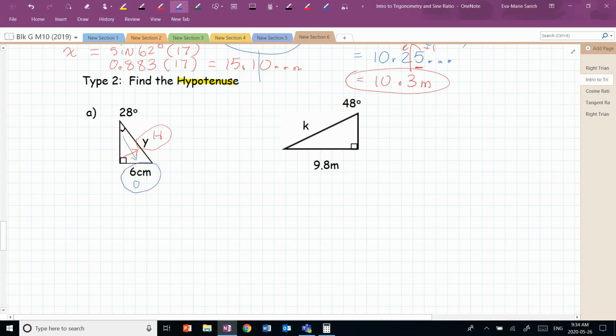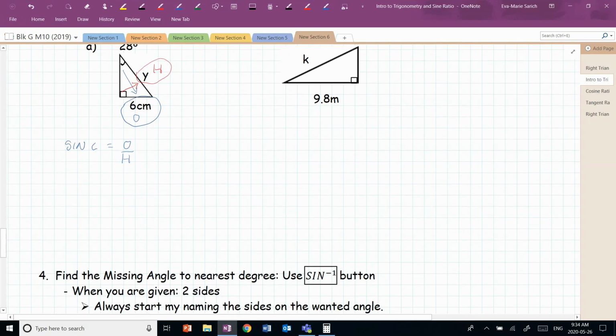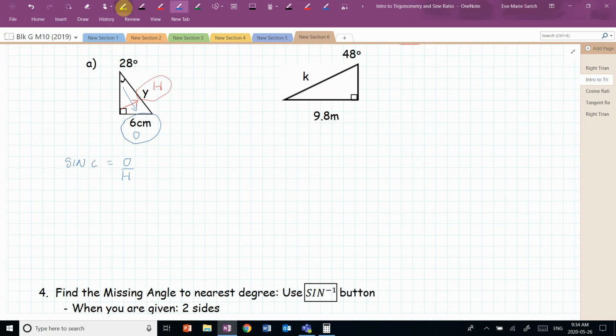Okay, and we're going to substitute this into our formula. So the sine of an angle is equal to the opposite over the hypotenuse. So in this question, the angle is 28 degrees. So we're going to substitute that in here for the angle.